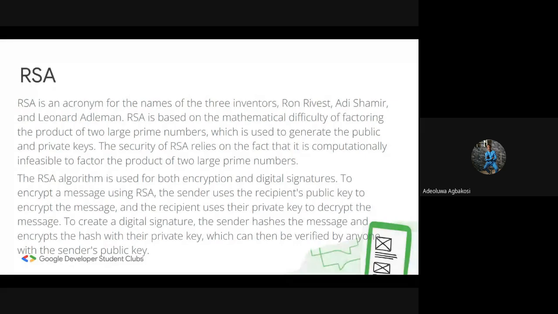I use my private key to encrypt the document and send it to you. You use the public key to confirm that this document is really from me. So it's used to verify that a document is originally from someone.